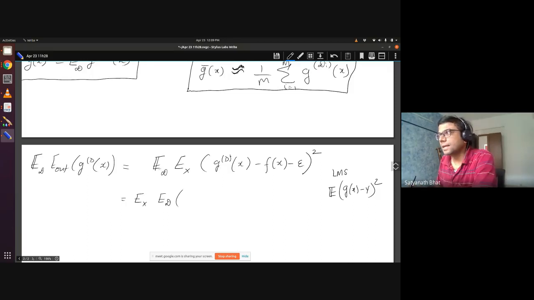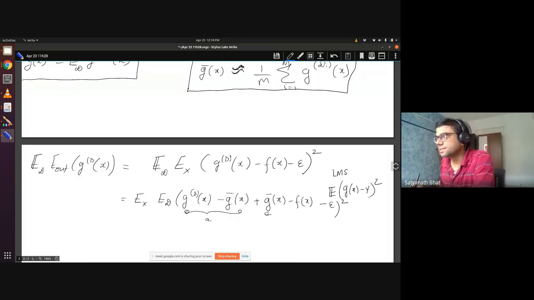And then the next thing that we will do is add and subtract G bar. Okay, so this I will think of as A, this is B, and this is C.